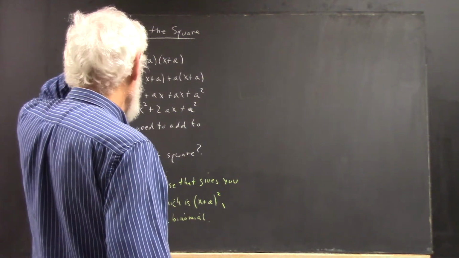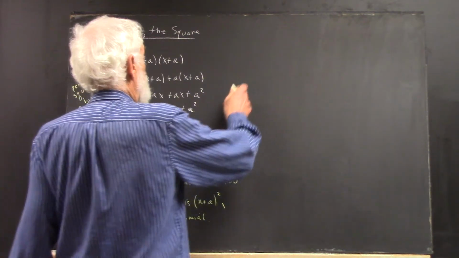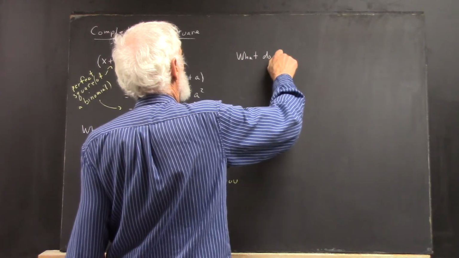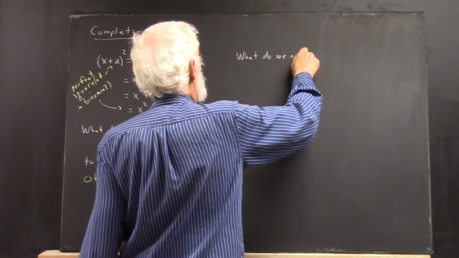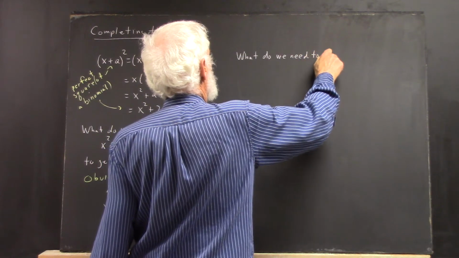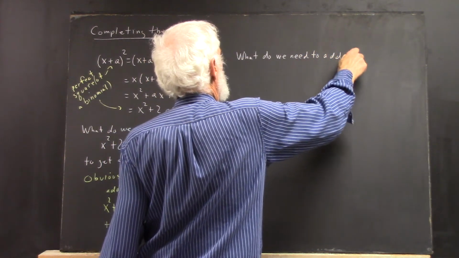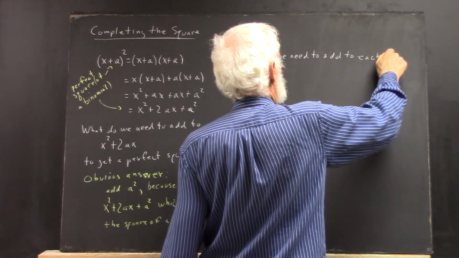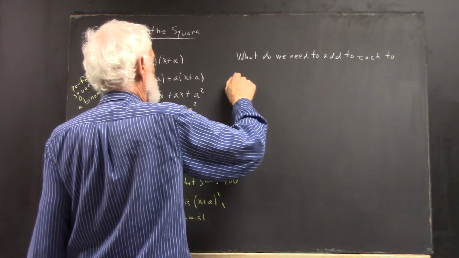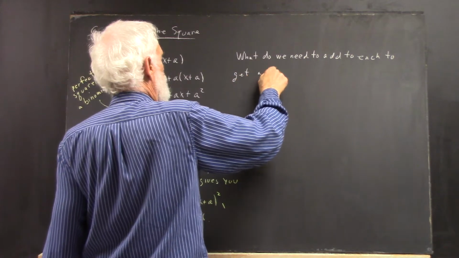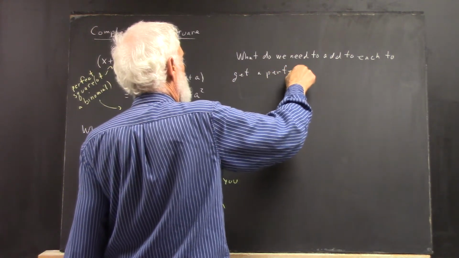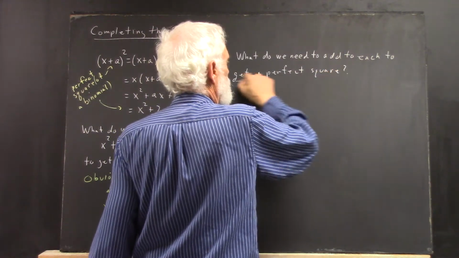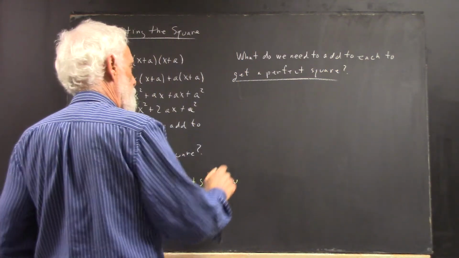Okay, well, let's apply this. So the question is now, what do we need to add to each to get a perfect square?